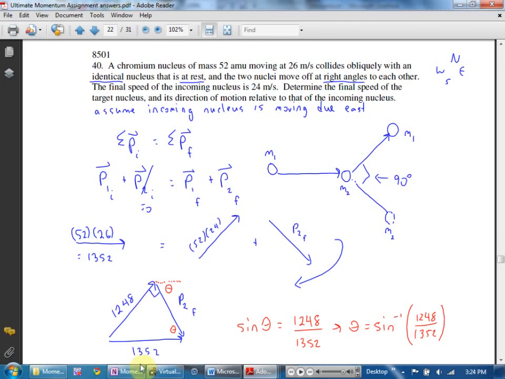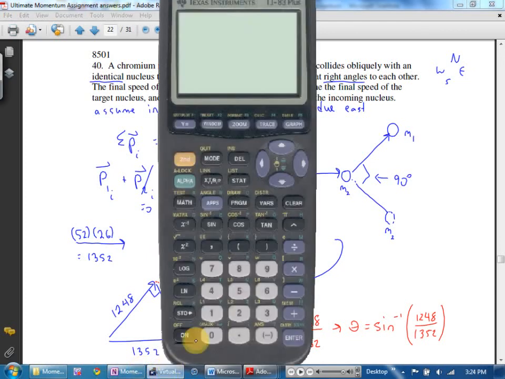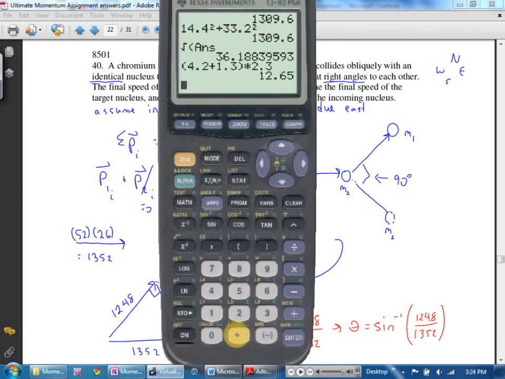Before the collision, we have a half mv squared.